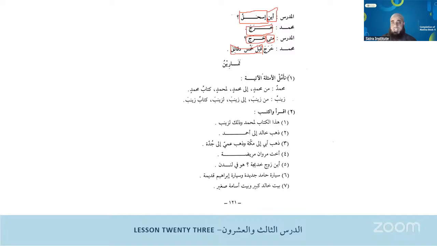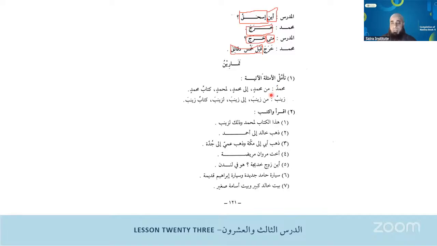Now we have an exercise here. Ta'ammal. Ta'ammal means reflect, ponder, contemplate, concentrate. Al-amthilat al-atiyata, the following examples. Al-atiyata means following. Al-amthilata means examples. So we have Muhammadun. So let's put the laser on.